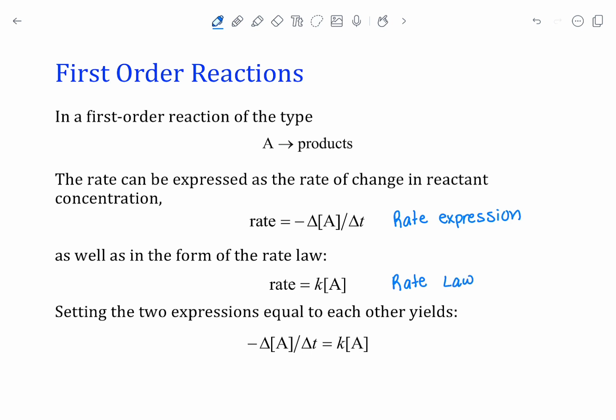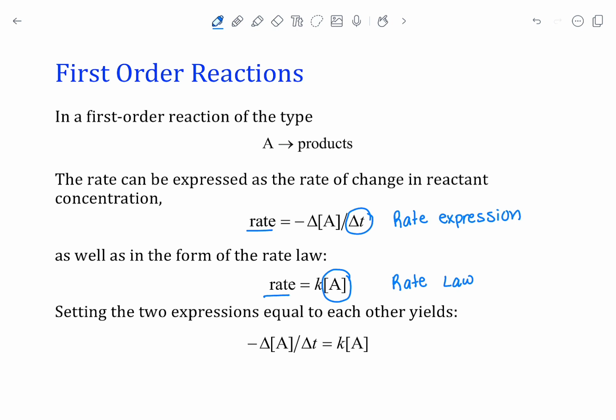In these two mathematical equations, we have rate is equal to negative delta A over delta T, and rate is equal to k times the concentration of A. But they're both equal to rate, meaning if they're both equal to the same rate for that same reaction, we can set them equal to each other. And that's how we're going to get a dependence on not only concentration, but also on the time.